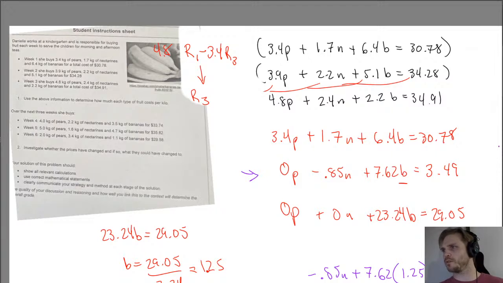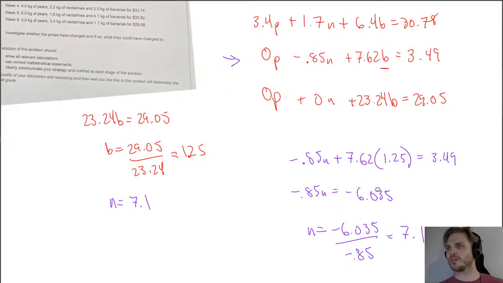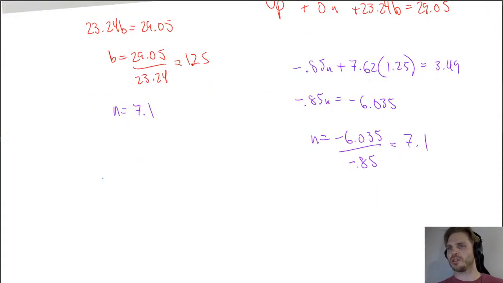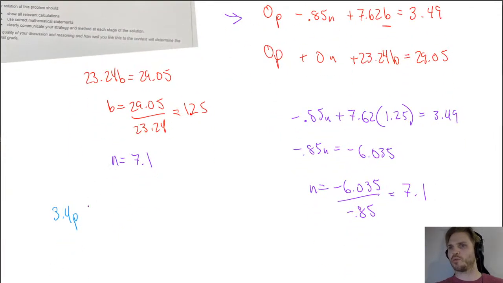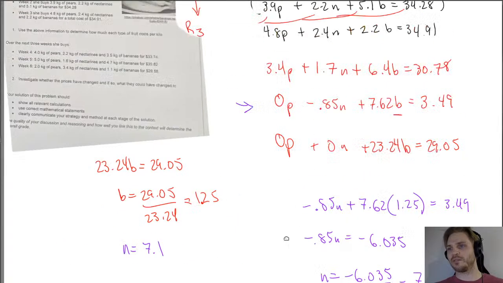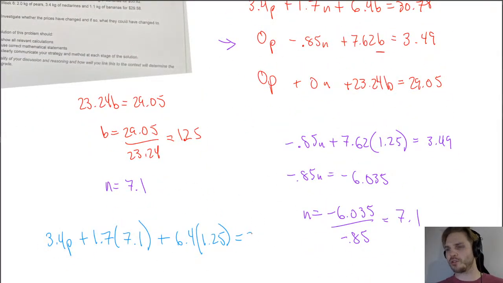So let's go blue now. So we're going to sub it back into this equation. So 3.4p plus 1.7 times the n we just found, 7.1, plus 6.4 times the banana, which we already found, 1.25, is equal to 30.78.